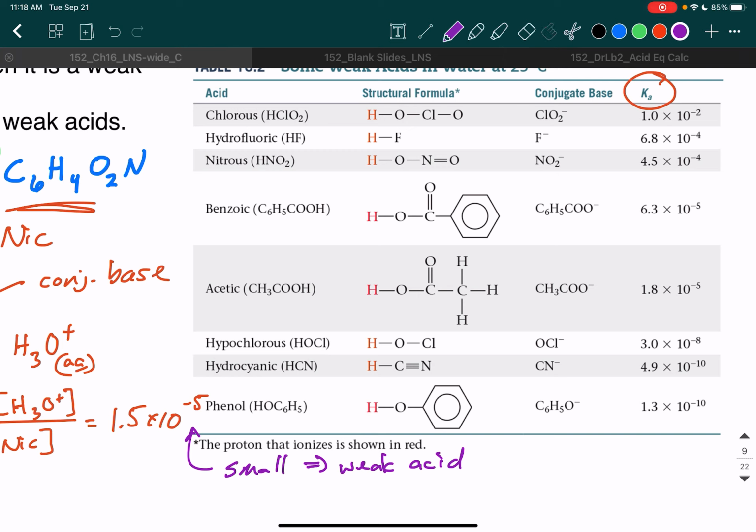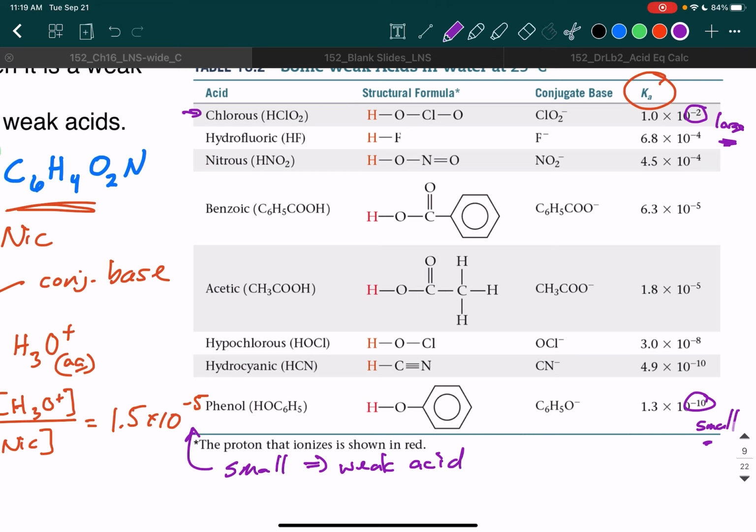And the way they've laid this out, notice what's happening over here. We're going from a small number up here to a smaller number down there. 10 to the minus 2 for chlorous acid, and then phenol is 10 to the minus 10. Chlorous acid is like a strong weak acid, if you will.